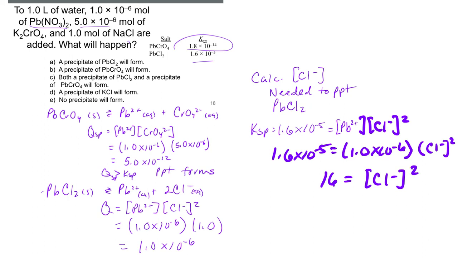Look at how beautiful that is. So we would need to get a concentration of chloride up to 4 molar to start precipitating out that lead chloride. Does that help explain it? Other questions? This is challenging, yes.